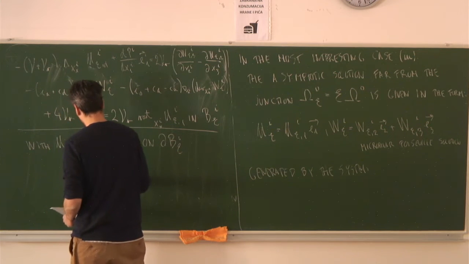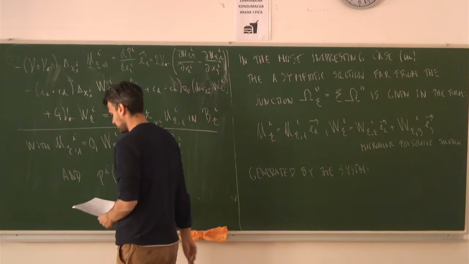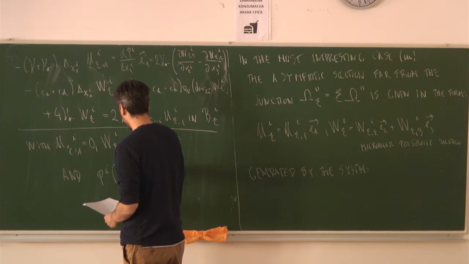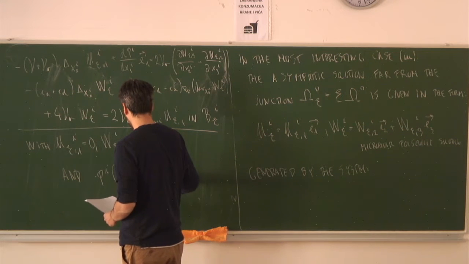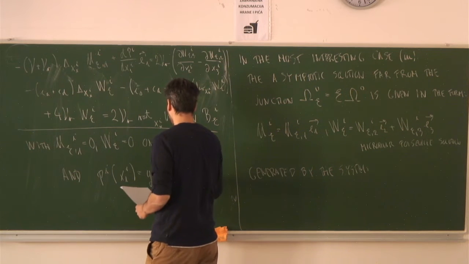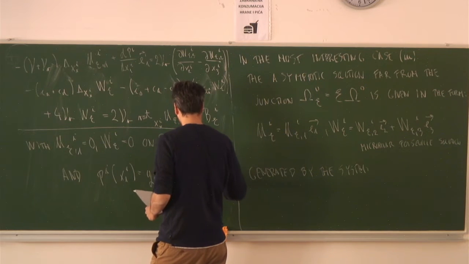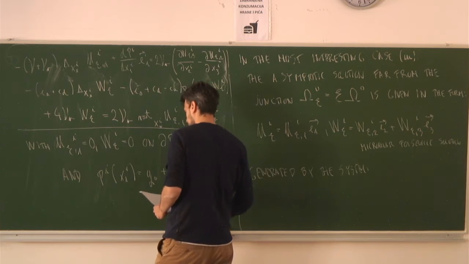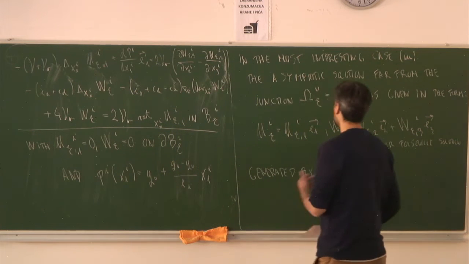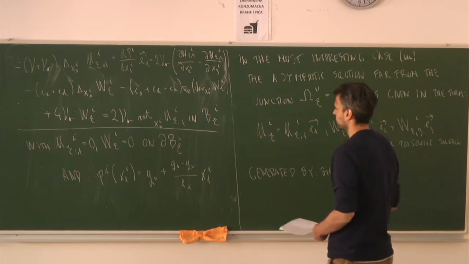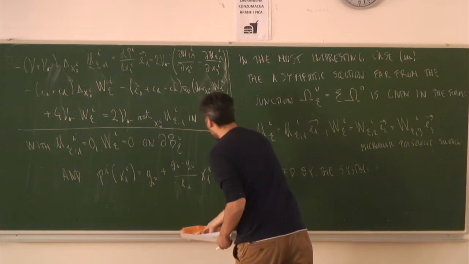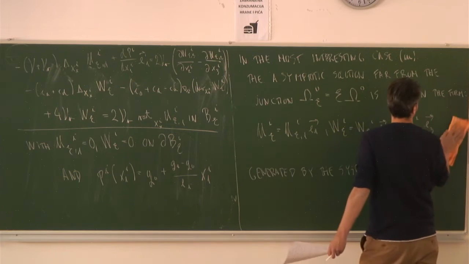And it is trivial to see that this pi is given in this form: q0 plus (qi minus q0) over li times x1 i.